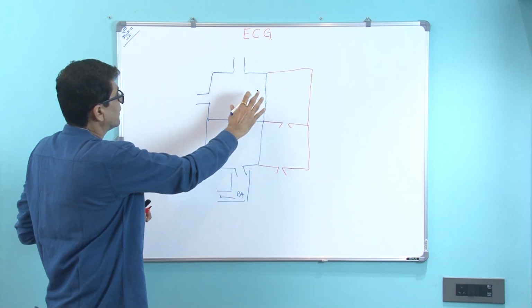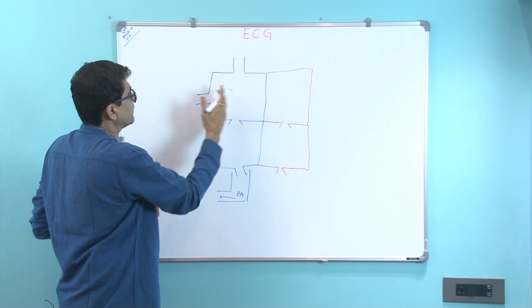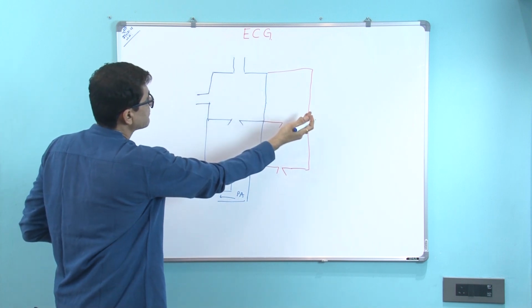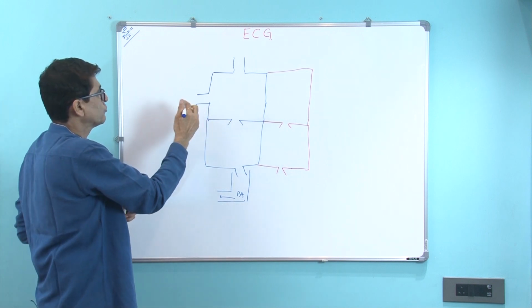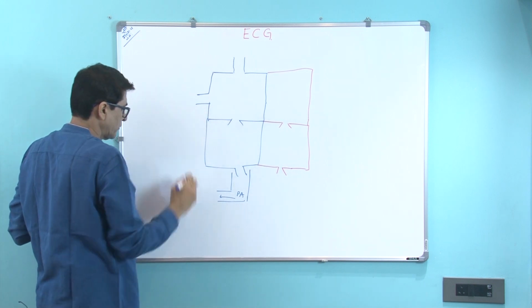See, it is a very simple diagram. This is the right side, this is the left side. The right side contains deoxygenated blood. From where does deoxygenated blood come?